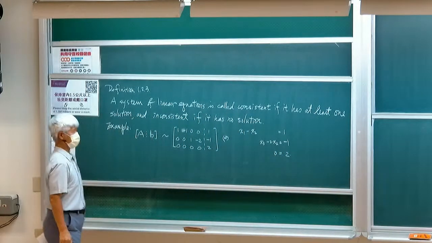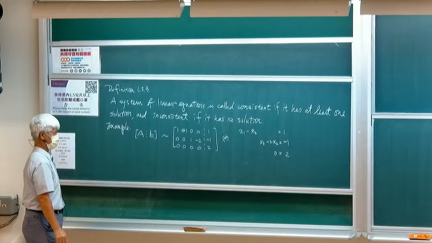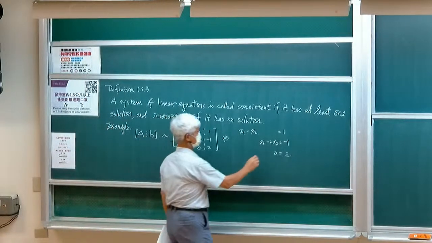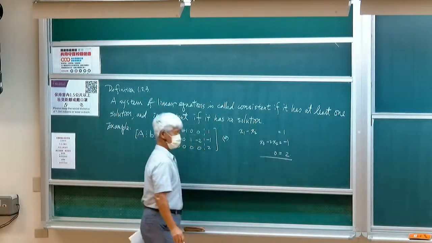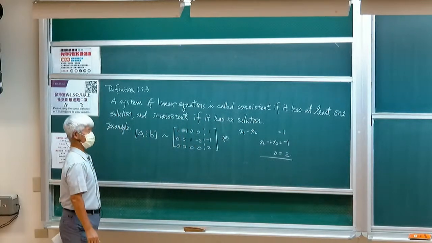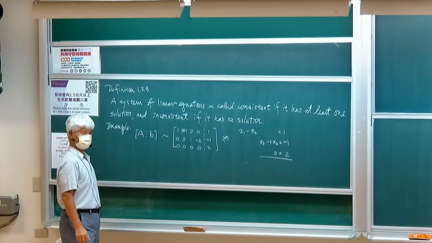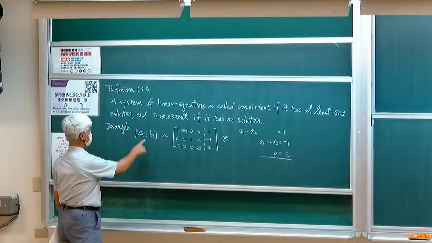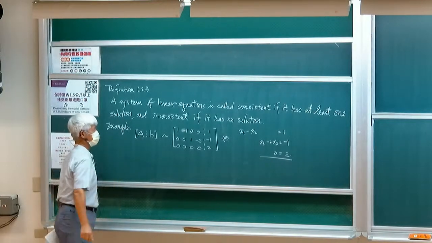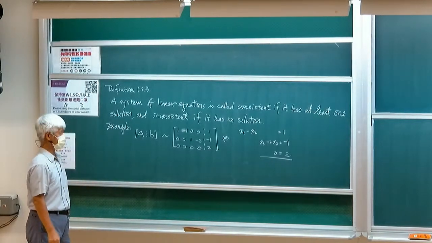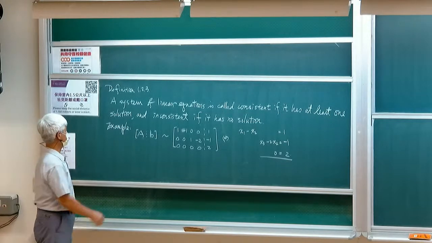So that's corresponding to such a linear system. And because of the last row, you can see that you can't have any solution, right? So the original linear system is inconsistent.